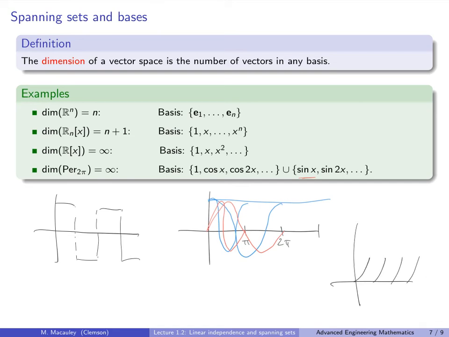If it repeats every 2π, then this can be written uniquely as a potentially infinite sum of these sines and cosines. So for example, this square wave can be written as some constant plus a potentially infinite sum of, let's say, an cosine of nx plus bn sine of nx.